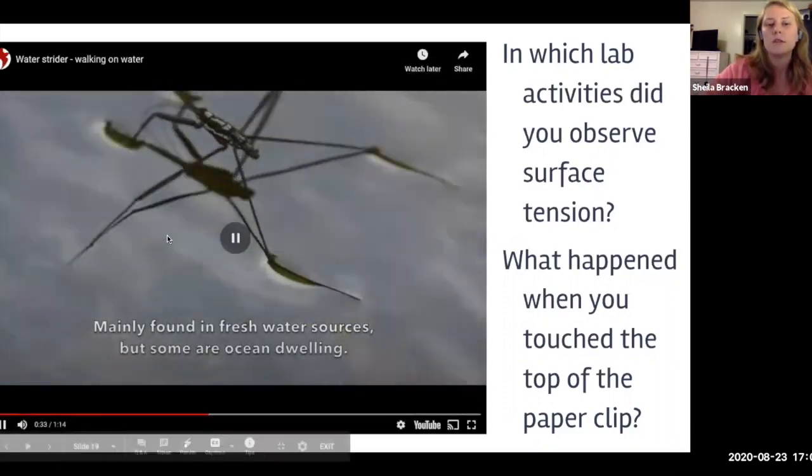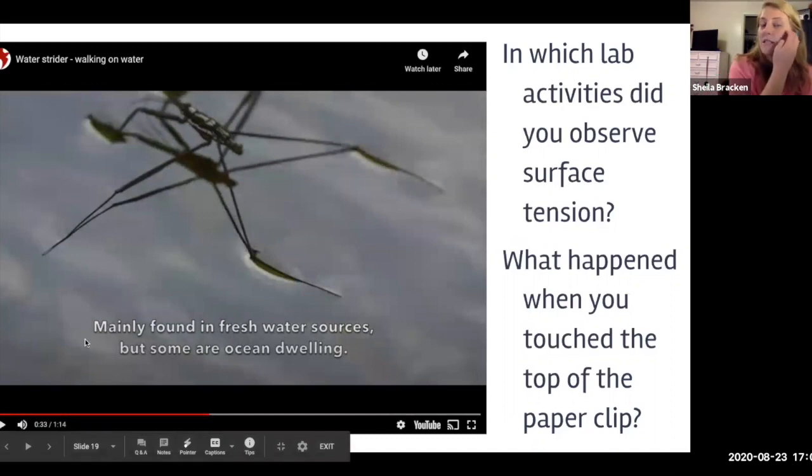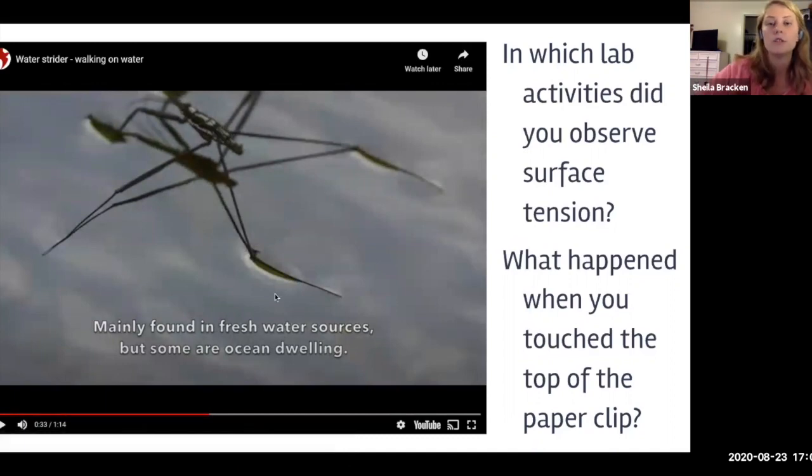Mosquitoes also use this to lay their eggs on top of really shallow ponds and other water sources, right? That's why mosquitoes really love water. They lay their larvae and their eggs on the water.